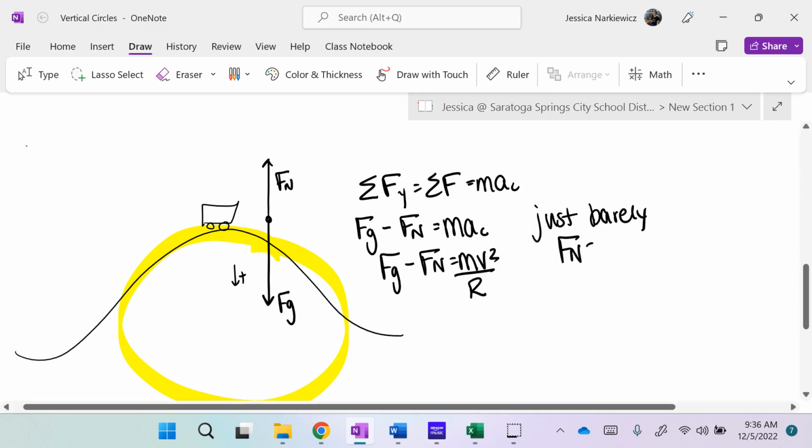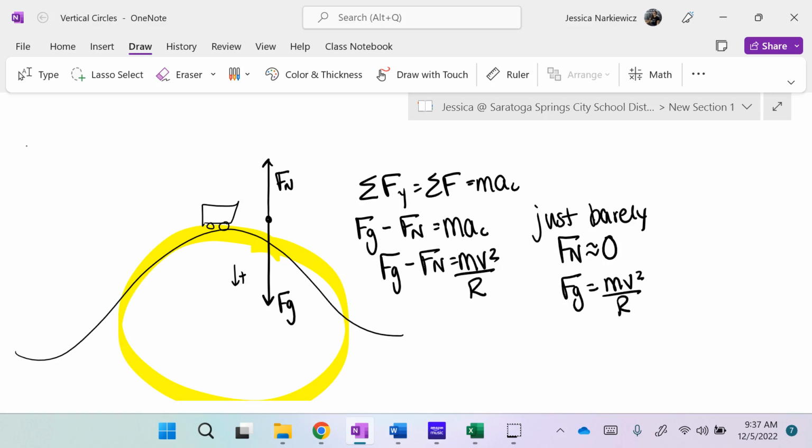And if that's the case, then our normal force is approximately 0. So our force of gravity is completely responsible for moving us in a circle. So if you've ever gone over a hill pretty quickly, you might sort of feel like you're flying out of the seat. That's when this is happening. This is just barely, right? You're going basically as fast as you can go over that hill.